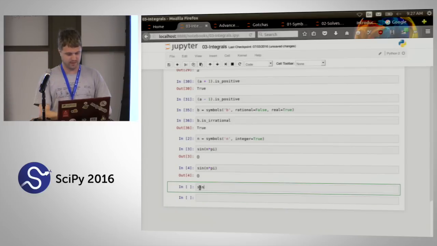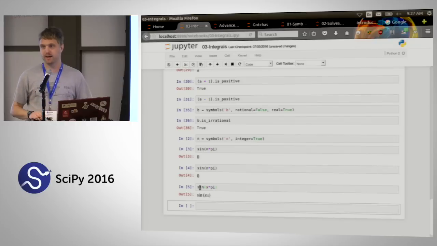Whereas if I just do sine of x times pi, it doesn't know anything about x, so it's just going to leave that alone.